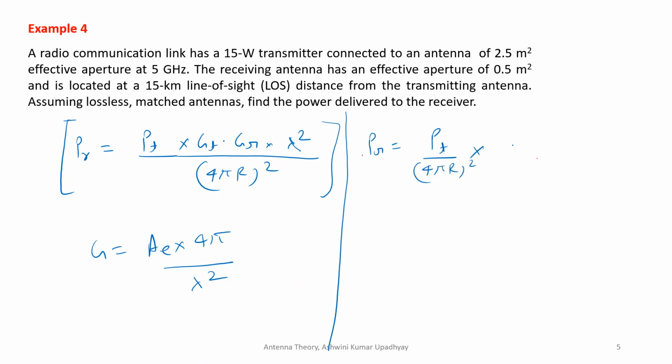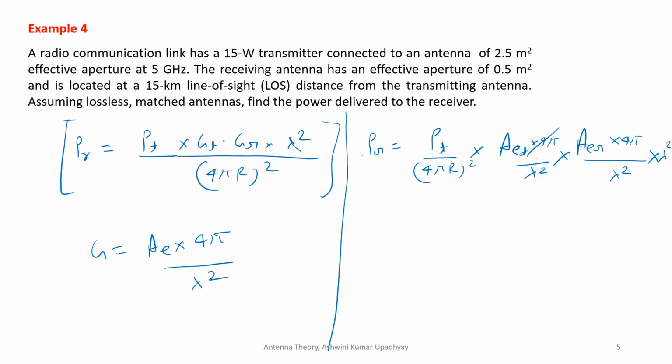Now in place of GT, I'm going to write AT into 4 pi by lambda square. Now again in place of GR, I'm going to write AER, which is the effective area of the receiving antenna, multiplied by 4 pi divided by lambda square, and finally multiplied by lambda square.